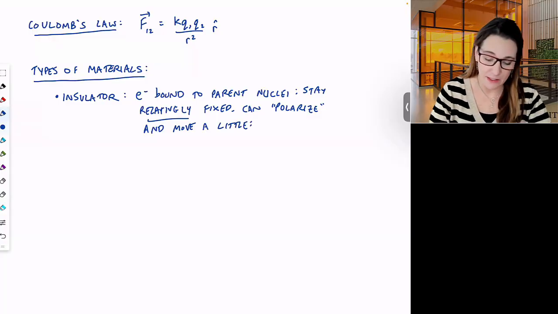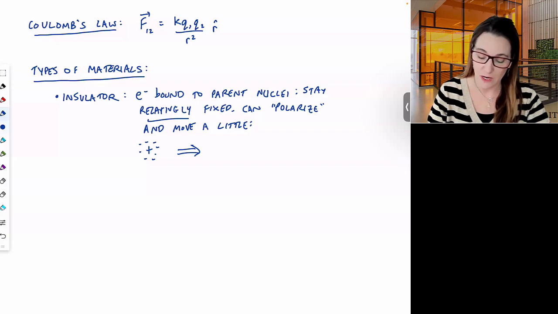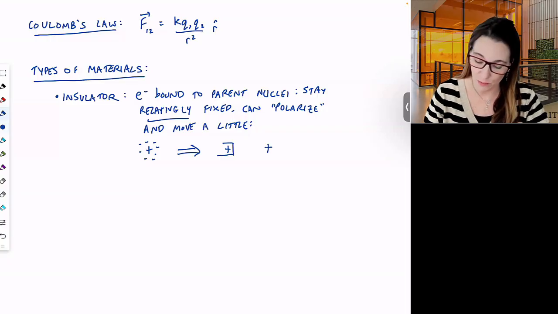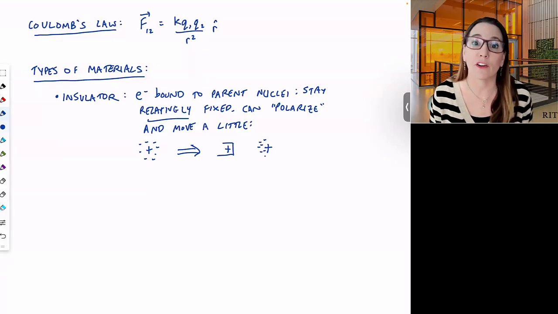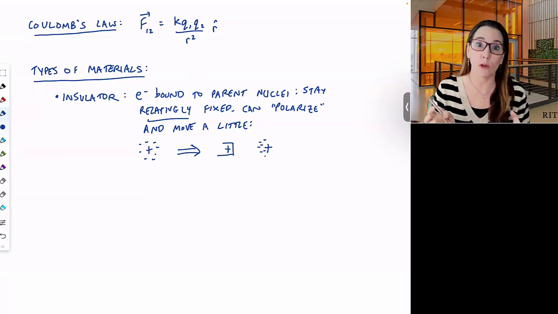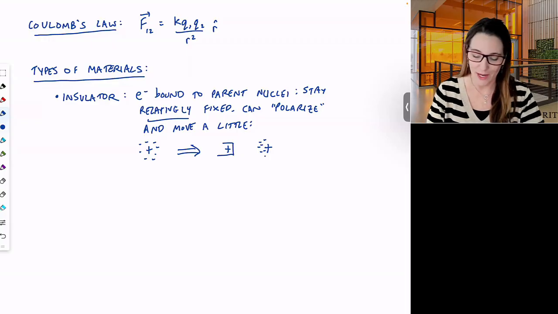So in this case, if I just had a positive nucleus and my electrons around it, and then I brought near it a positively charged rod, what would happen to this atom is all of the electrons might be attracted to that side of the atom, and so they would polarize in that way.